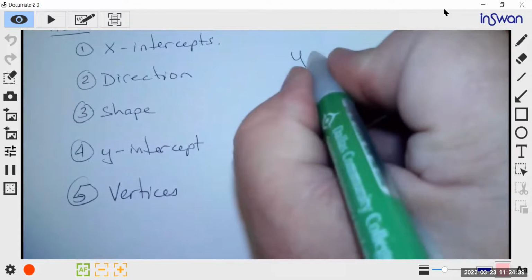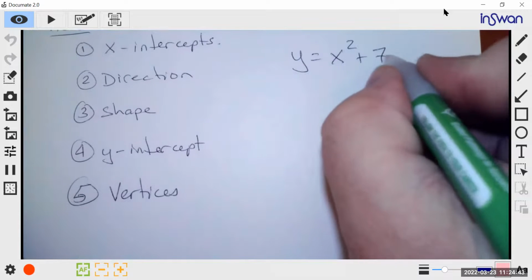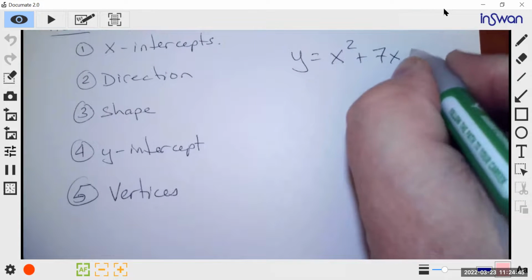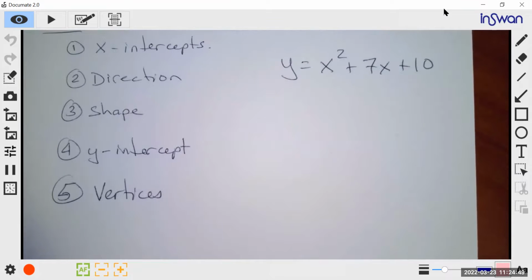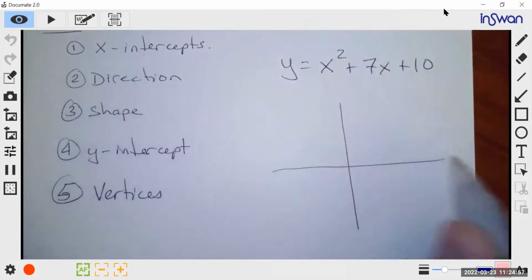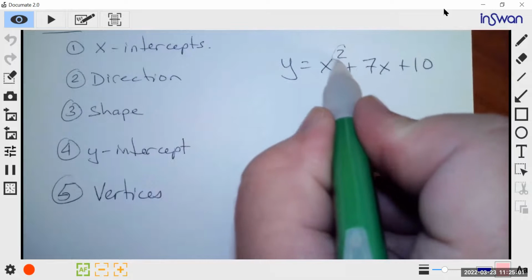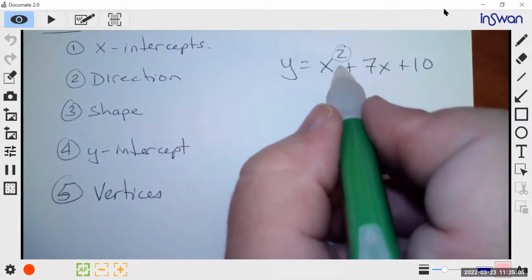So let's look at this: x squared plus 7x plus 10. Just by looking at this equation, we know the degree is 2, so it's even. That means both ends point the same direction.